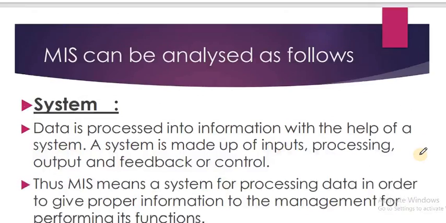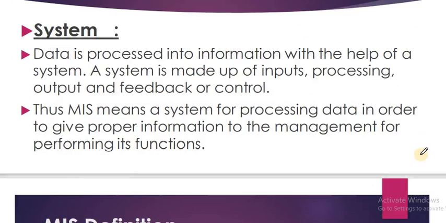Good. Then the last one is the system. Data is processed into information with the help of a system. Data is processed into what? Into information for the management, but with the help of a system.